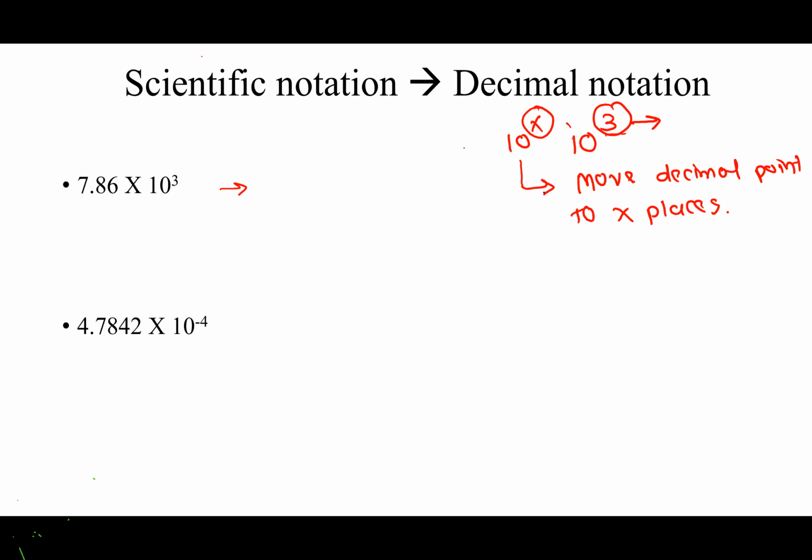Now, this is something you've got to keep in mind. 10 to the power of positive and 10 to the power of negative, this is where it gets kind of reversed. This is what you have to remember when you're doing scientific notation to decimal notation. If it's positive, you're going to move your decimal place to the right.